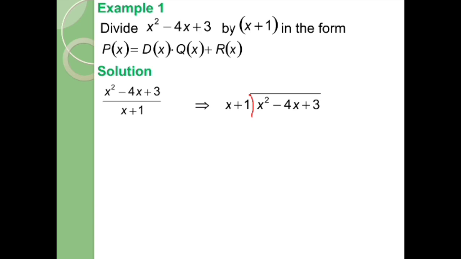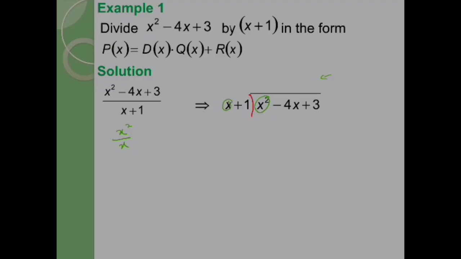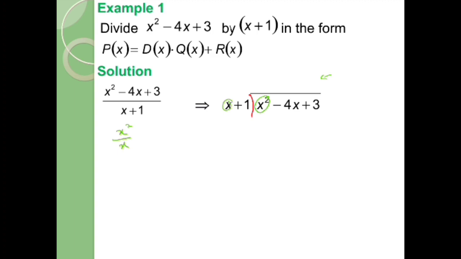Next, how to find the quotient? To find the quotient, we have to look at the highest degree of the polynomial and also the highest degree of the divisor, the ones circled with green. So divide those two as shown to find the term that we will write at the quotient.